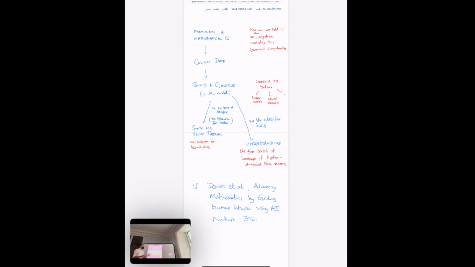So in this sense, the contribution of what I want to talk about is partly to demonstrate that this part of the pipeline on the left is applicable maybe quite broadly within pure mathematics, and also to point out that you can use machine learning models to explore mathematical data sets beyond the reach of current theoretical understanding.